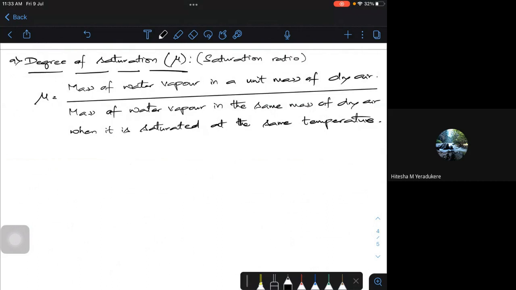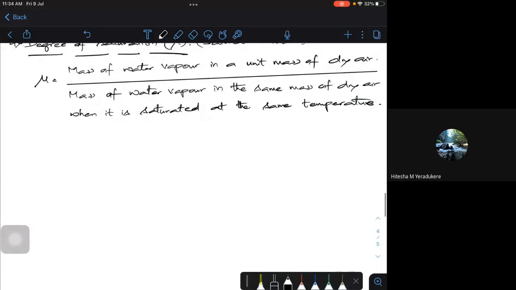That is, it is the ratio of your specific humidities. It is the ratio of specific humidity at a given condition to the specific humidity under saturation condition. Are you getting? It is the ratio of actual specific humidity to the specific humidity at saturated conditions for the same dry bulb temperature. That is the other definition of it.